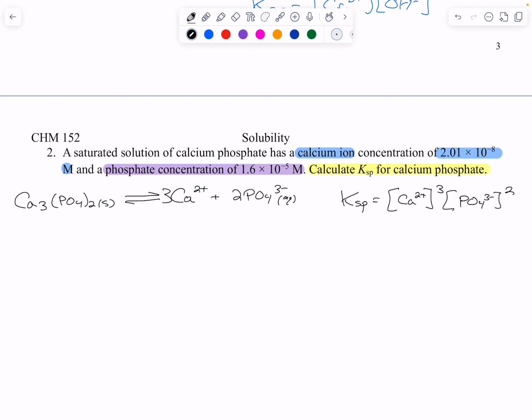All right, so now we know at equilibrium, at E, calcium is 2.01 times 10 to the minus 8 molar. Ooh, that's ugly. Let's try that again.